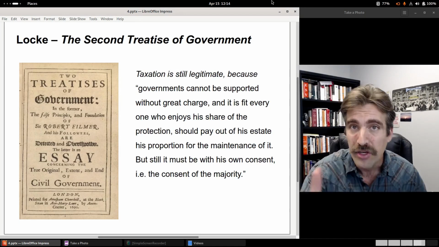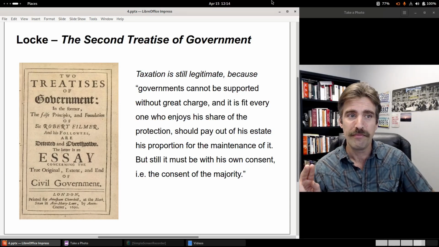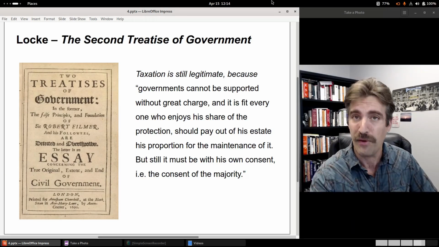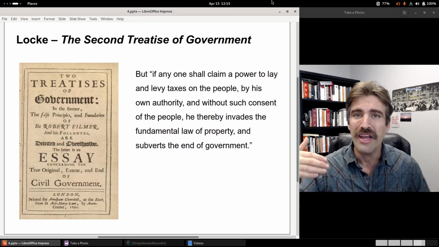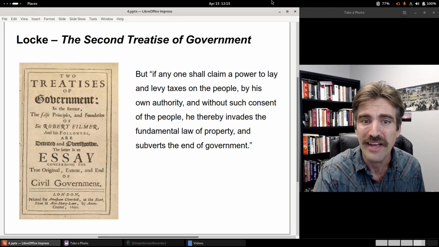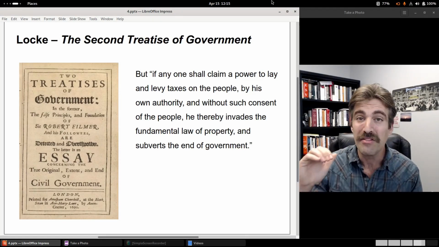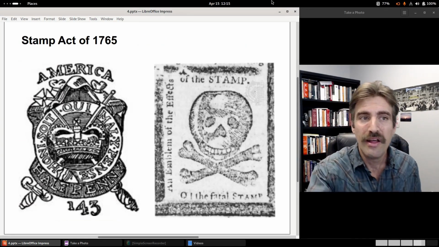So taxation is legitimate only with the consent of the people through a democratic process. If anybody levies taxes on the people without their consent, this is an invasion of the law of property and subverts the end of government.